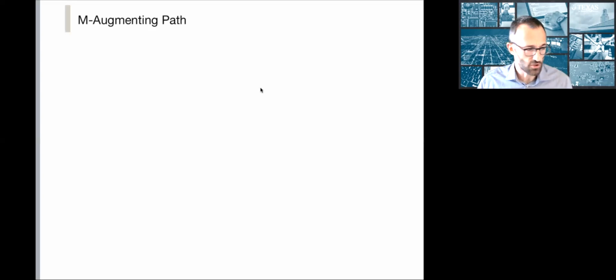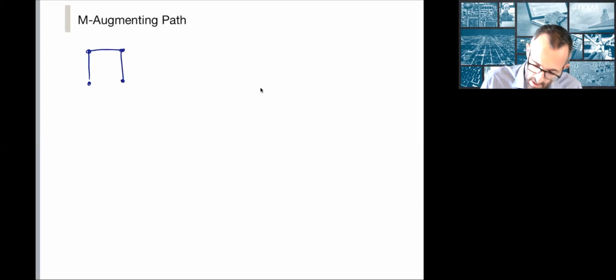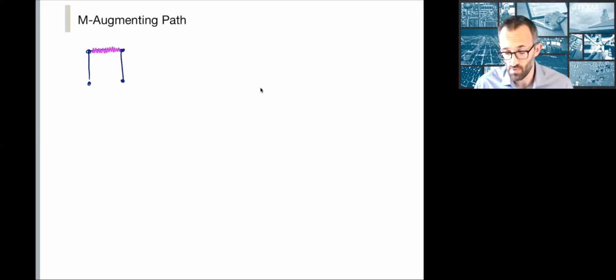So let me first give a definition of an M-augmenting path, and it's easiest to do this by giving an example. So here is a very simple graph, and the squiggly line is a matching.